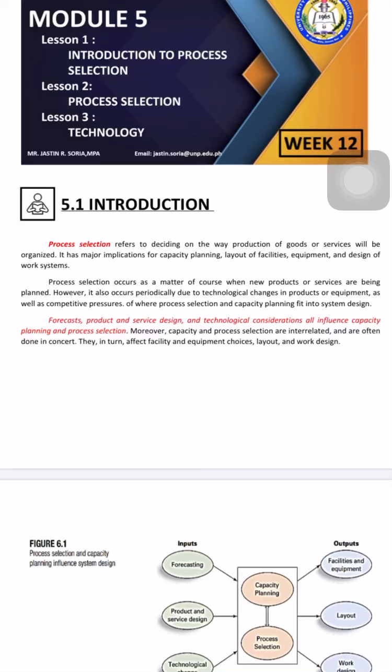Forecast, product and service design, and technological considerations all influence capacity planning and process selection. So, what do we have? What do we need, or what do we already have existing? That is what we will use.